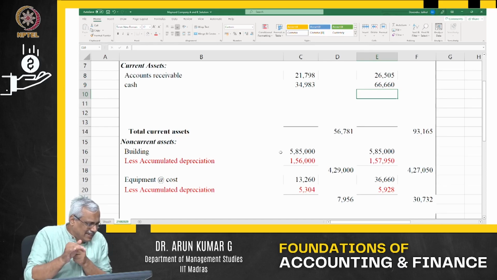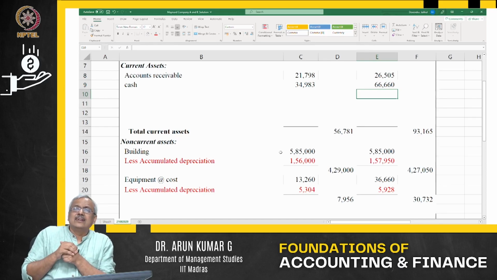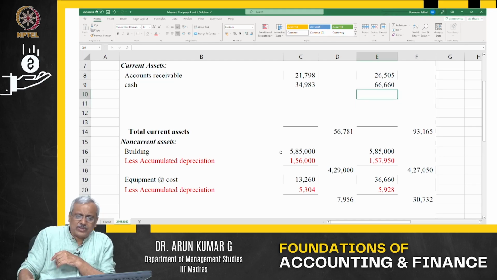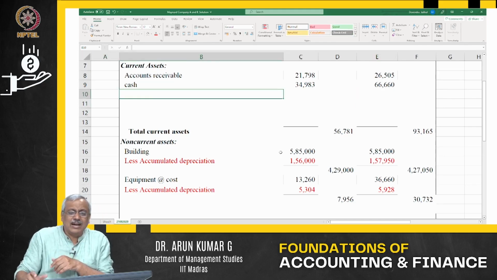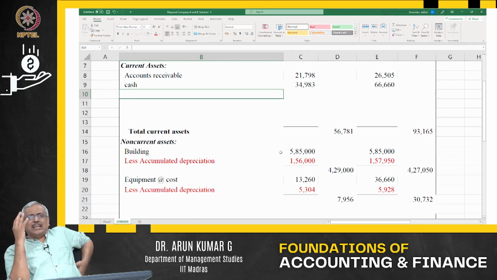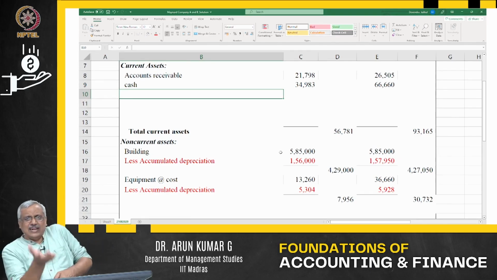Next, merchandise inventory. Inventory is what? Current asset. Inventory is raw material. Merchandise inventory, raw material which you own out there. Why is it a current asset? Your raw material will not remain the same for a long time. It will keep changing every minute. Every minute you are utilizing, it is reducing.